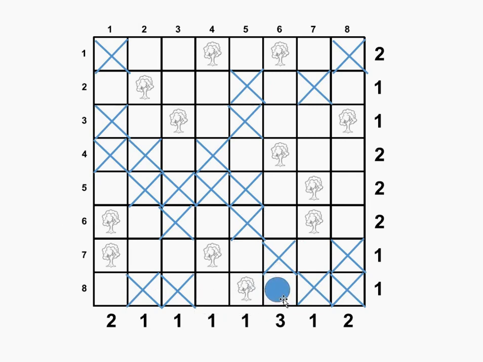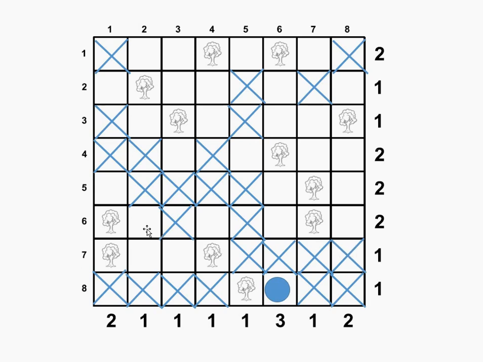If there is a tent at this position, here and here cannot be, and here are the empty cells. Now, the main condition for row number 8 is to have 1 tent, and this is the tent, and here will be empty cells. Now, the condition for row number 7 is to have 1 tent.